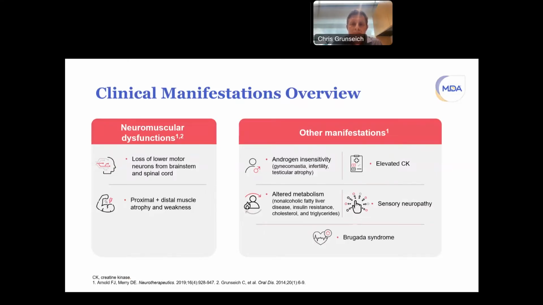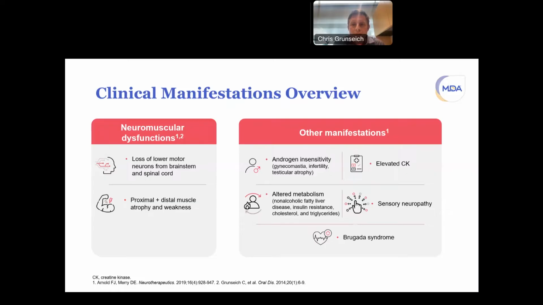Other manifestations of the disease can include androgen insensitivity. This can present with gynecomastia, breast enlargement, infertility, testicular atrophy. Patients can also have other metabolic symptoms such as non-alcoholic fatty liver disease, insulin resistance, hyperlipidemia, increased triglycerides.